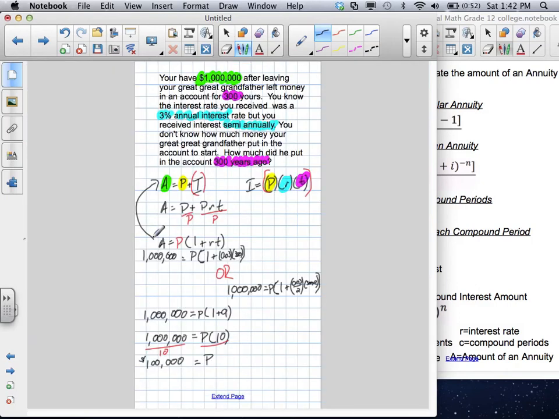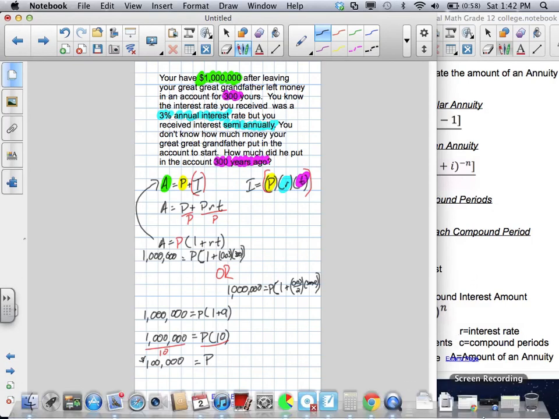What a nice grandfather you had 300 years ago. So your great-great-grandfather put in $100,000 300 years ago, and he eventually earned how much money in interest? 900,000 in interest. That's pretty good interest rate, right? So that would be a tougher type question for simple interest.